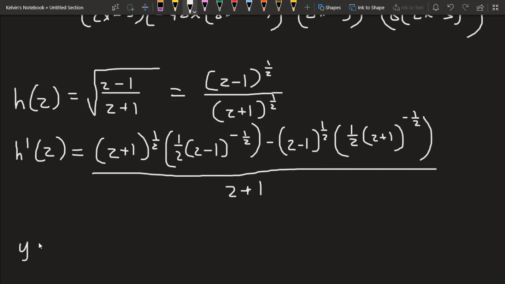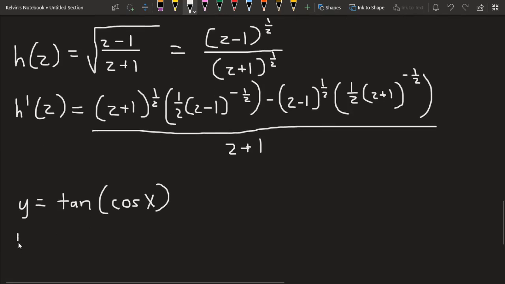Let's say we're given y is equal to tangent of cosine of x, like so. Find what y prime is, and then come back when you're ready. So in order to solve this problem, we can just use the chain rule. We take the derivative of tangent, and the derivative of tangent is just secant squared.